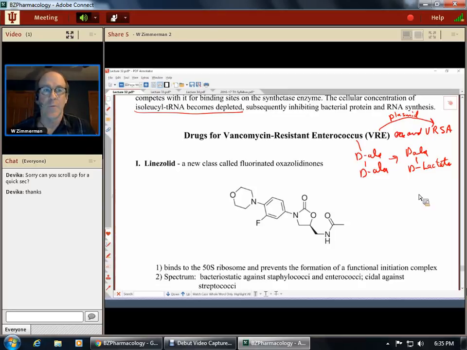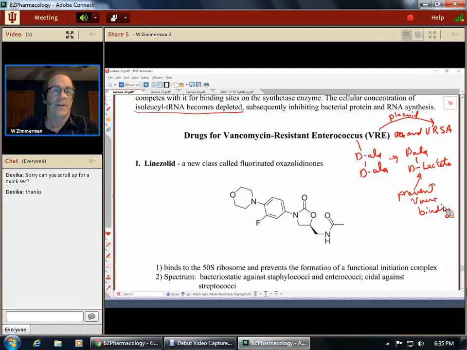And that lactate will prevent vancomycin binding. I touched on this in the first antibiotic handout. I'll send you back to that if it's not familiar. I mentioned this. This is what strains of enterococcus that are resistant to vanc have done.